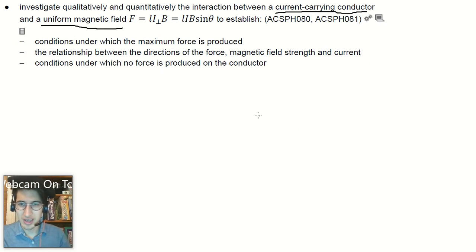So we said if a charge is moving inside a magnetic field, let's say the magnetic field is going into the page like this, then that charge will experience a force. Just for the sake of this demonstration, let's say it's a negative charge.